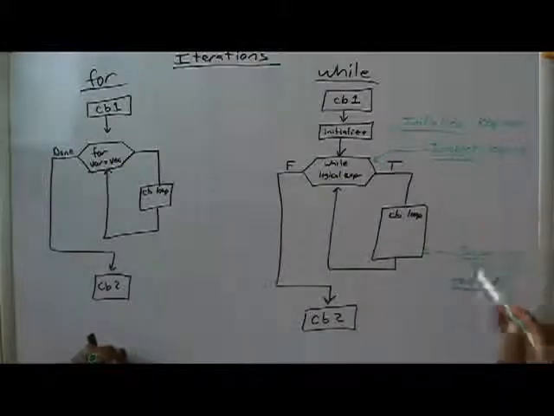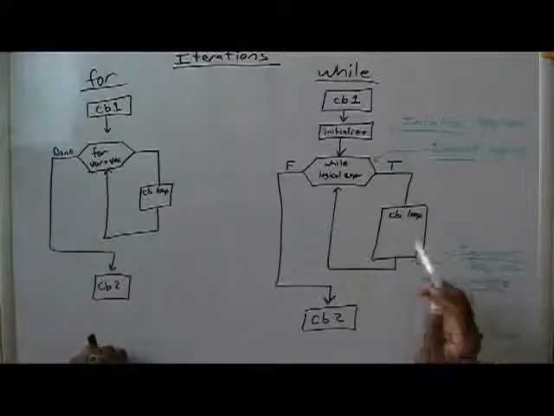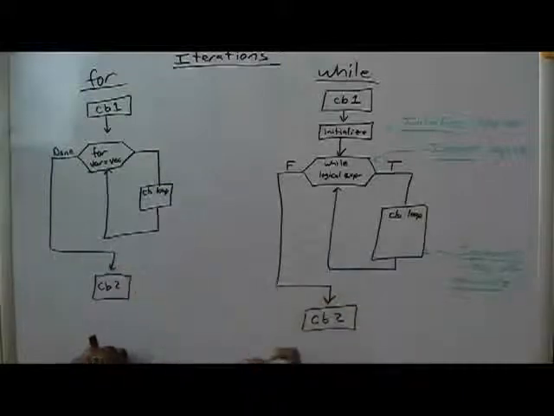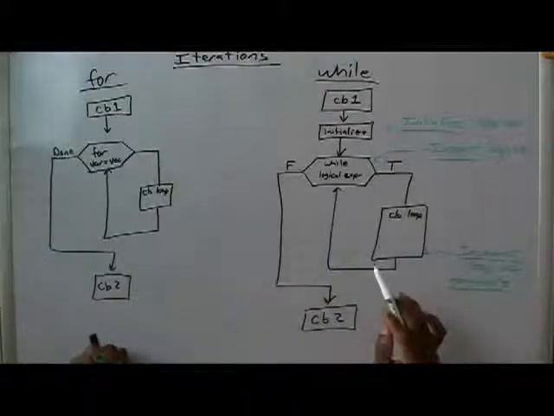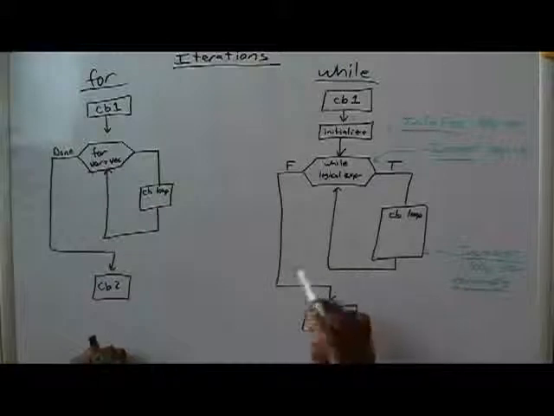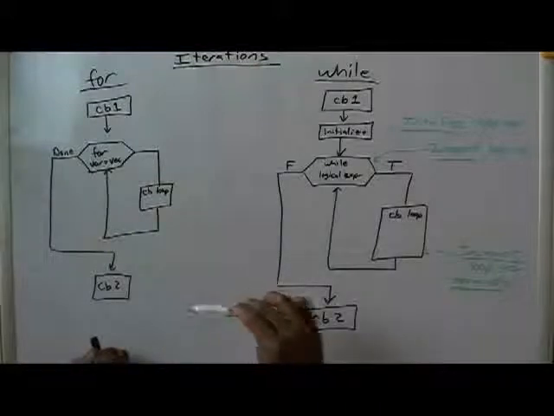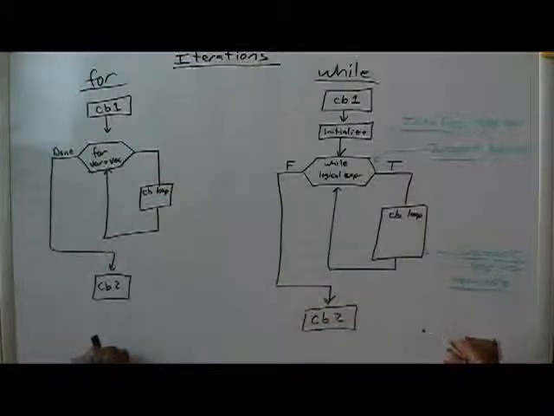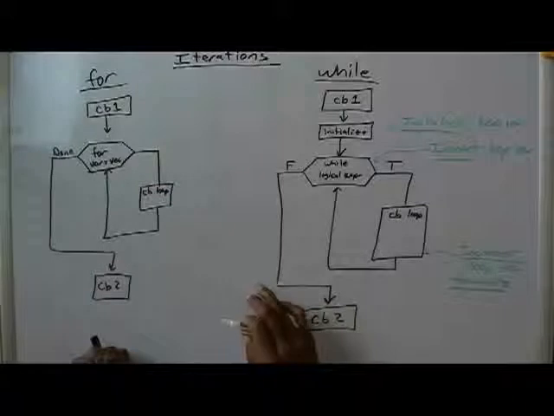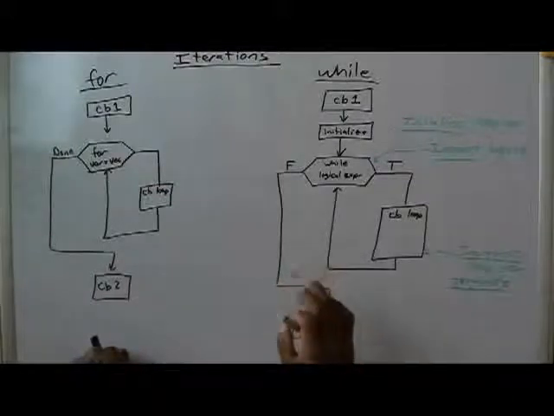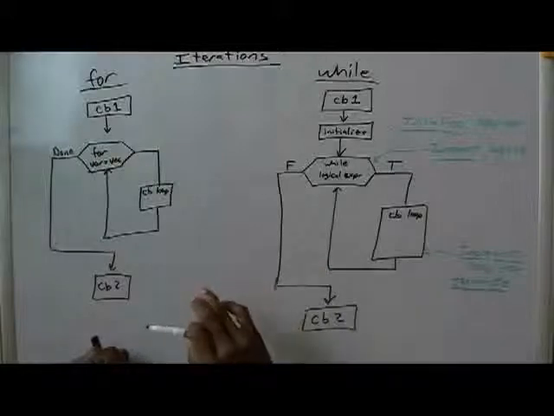Those are the three things that you must do inside of a while loop. So you have much more to manage in a while loop than you do in a for loop. Now what we're going to do next is look at the same examples that I gave for the for loop, and I'm going to write those down side by side and re-implement those same examples using a while loop so that you can see the while loop operating in environments that are familiar to you.